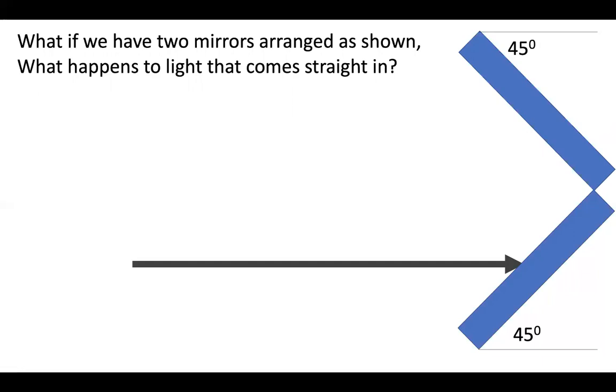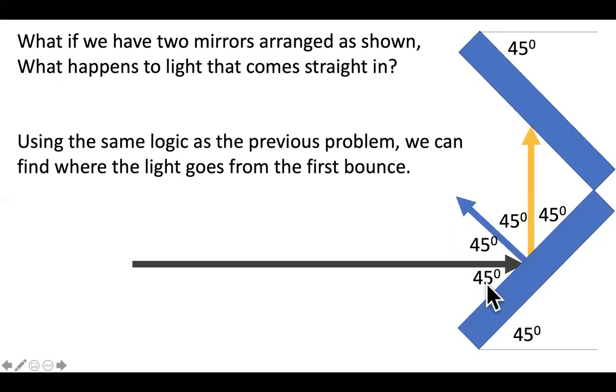Okay? So the first event is the problem we already did. It's how the light reflects off of this particular mirror. And so we already have that. It comes in, its angle of incidence is 45 degrees. The angle of reflection is also 45 degrees. This beam goes basically straight up until it hits the other mirror.